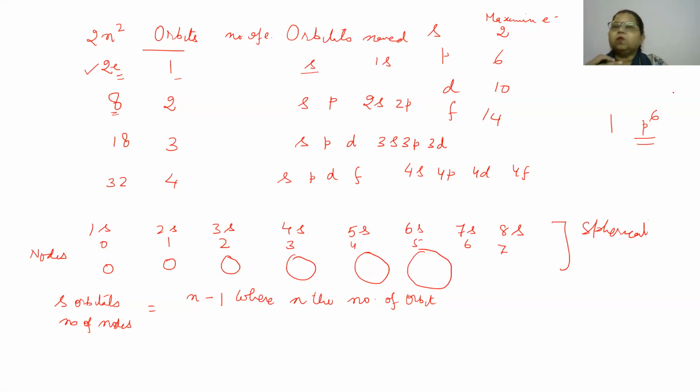In fact, that is one particular question: why does the second orbit not have a d orbital? The second orbit will never have a d orbital because it has to accommodate only 8 electrons, and the 8 electrons can be accommodated in 2s2 and 2p6.